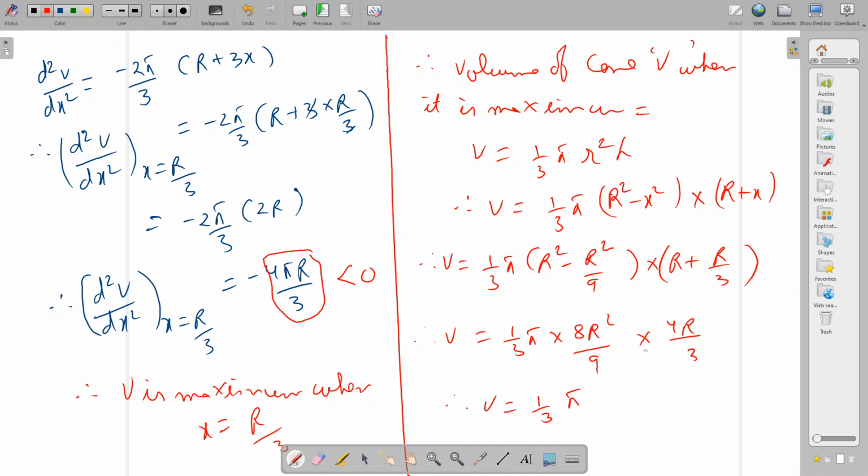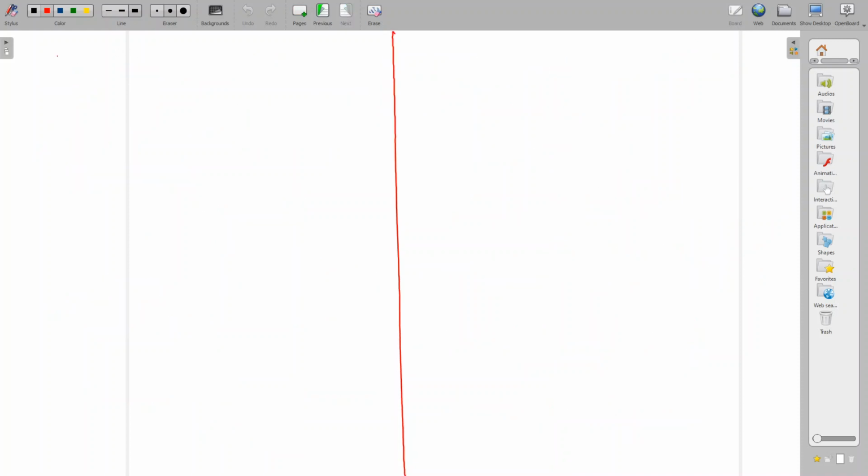Now 8 into 4 is 32, so 32 R cube over, this will give us 9 into 3, that is 27. So we have V equals 1 by 3 into pi into 32 into R cube over 27.